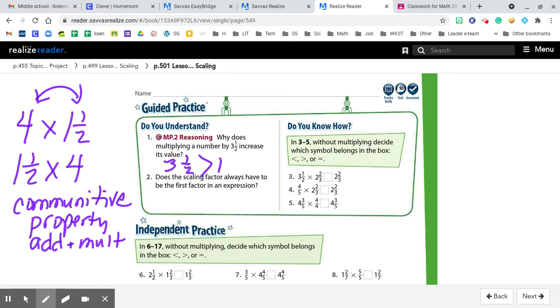So that's a no. For number 3, 4, and 5, we're going to use greater than, less than, or equal to. So let's take a look at what we have. And you do not have to solve these. You're just using your math reasoning skills.